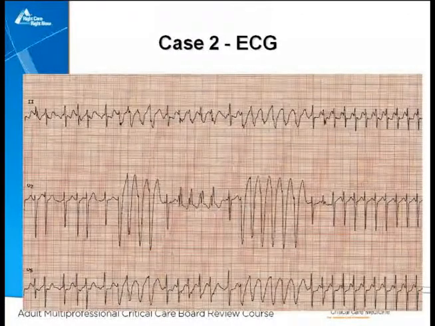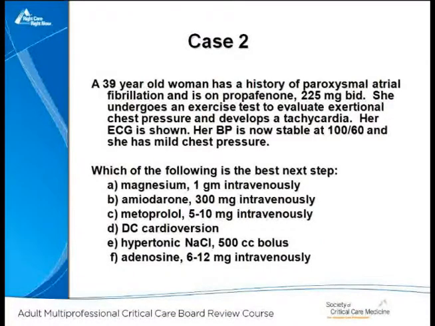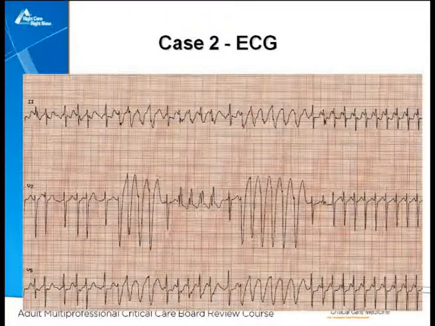And I want you to tell me how to treat this ECG. So, okay, this is the ECG, and should you give her magnesium, amiodarone, metoprolol, cardioversion, hypertonic sodium chloride, or adenosine?